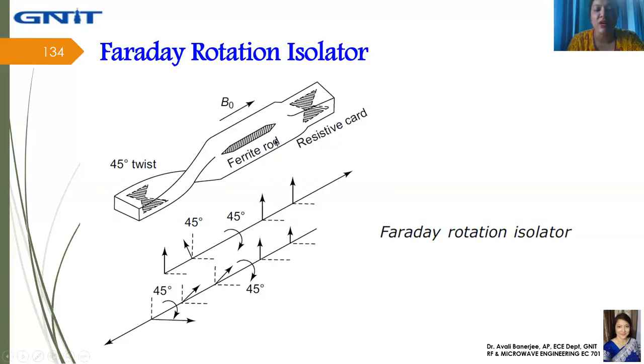These waves encounter different permeabilities. Here permeability is denoted by mu. So one is denoted as mu plus and another as mu minus. For clockwise it is mu plus, and for anticlockwise or counterclockwise it is mu minus.